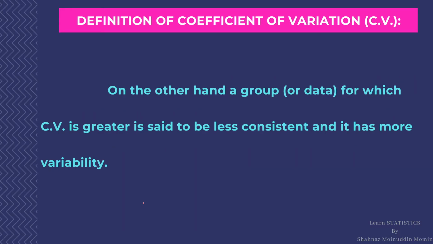On the other hand, a group or data for which the coefficient of variation is larger is said to be less consistent, and it has more variability. So by calculating the coefficient of variation, one can decide which group is more reliable or consistent and which group has the larger variability.